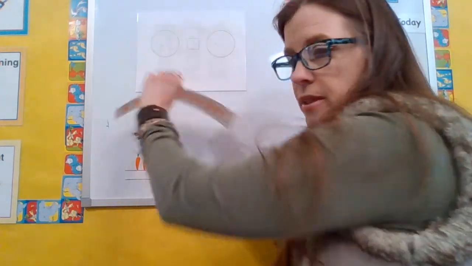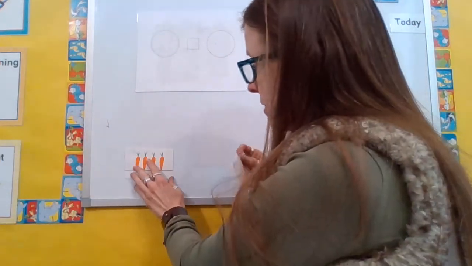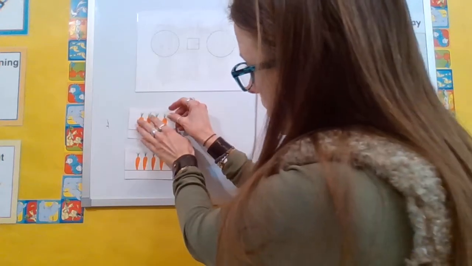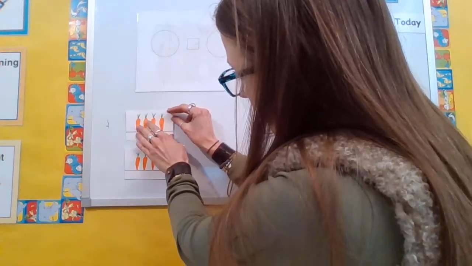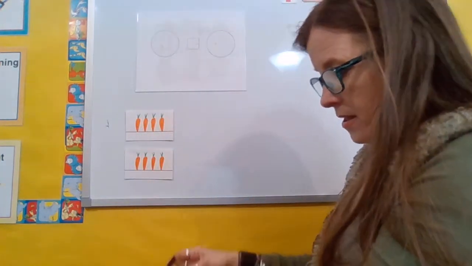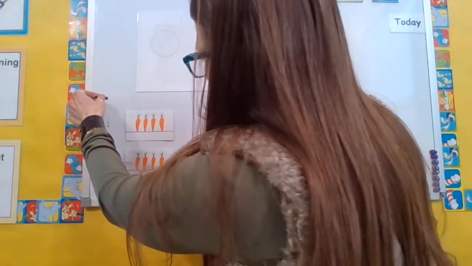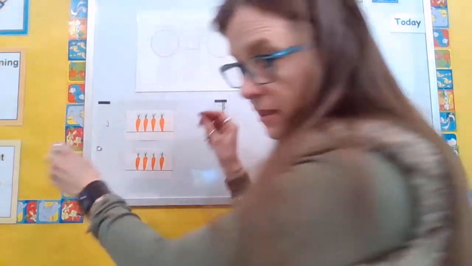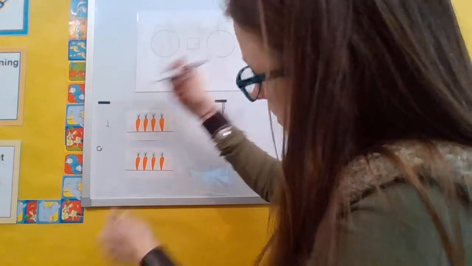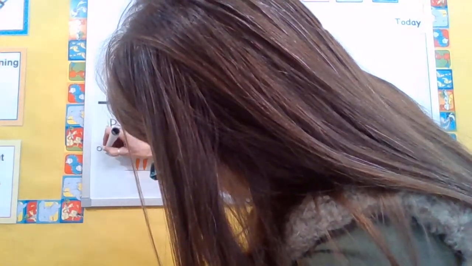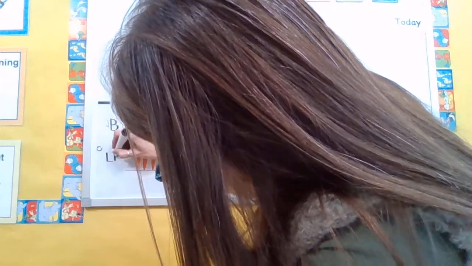Finished with horse. We're going to take it away. All right, so let's see. Bird had 4 carrots. Little rabbit had 4 carrots. This one is bird. And this one is little rabbit.